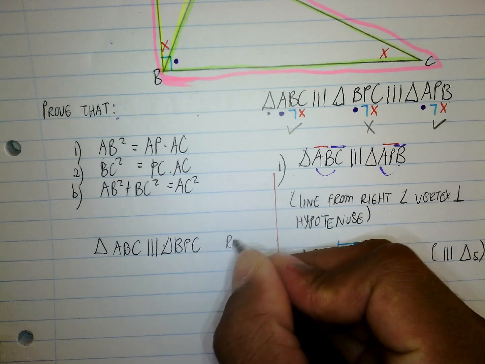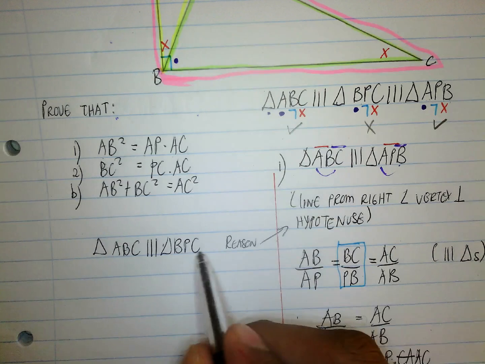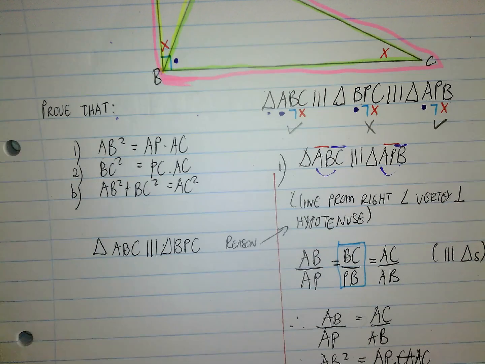Then your reason is going to be this one. Please write for this part, your reason is going to be line from right angle vertex perpendicular to hypotenuse. Remember, this is your statement, this is going to be your reason. Then now from there we just have to choose.